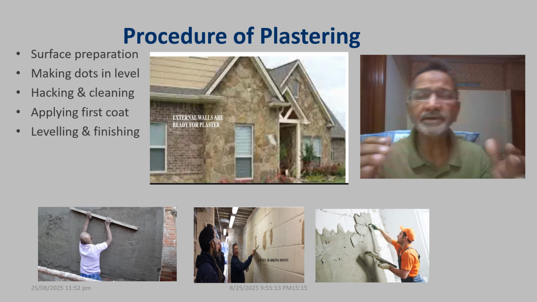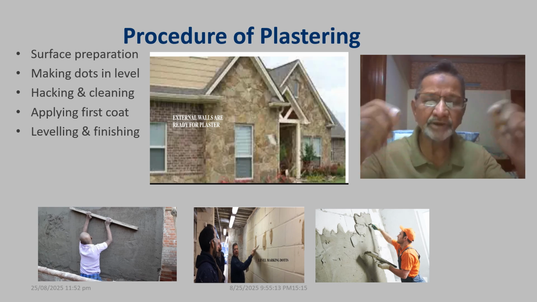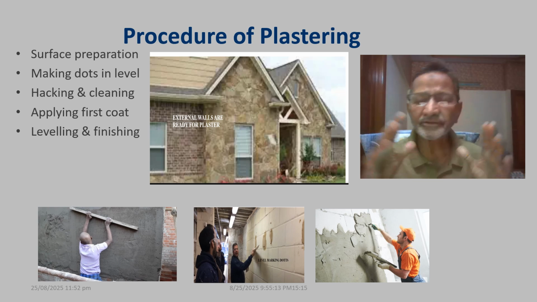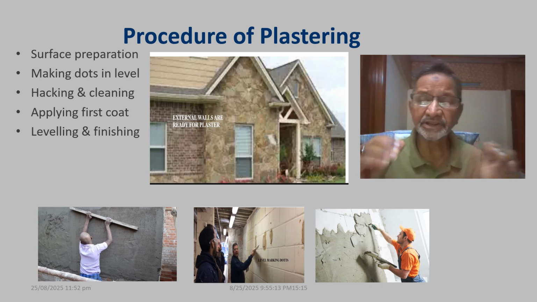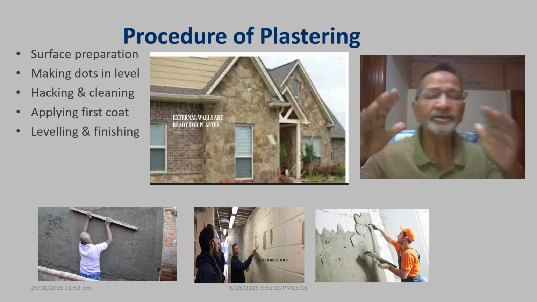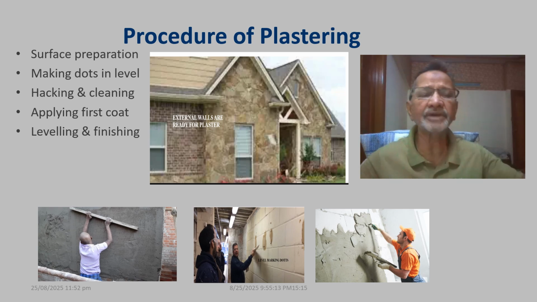After hacking, you can do the washing also, so that all the loose material is removed. Then apply the first coat, second coat and final coat. These three coats are applied mostly, and then finishing is to be done after the final coat is applied.